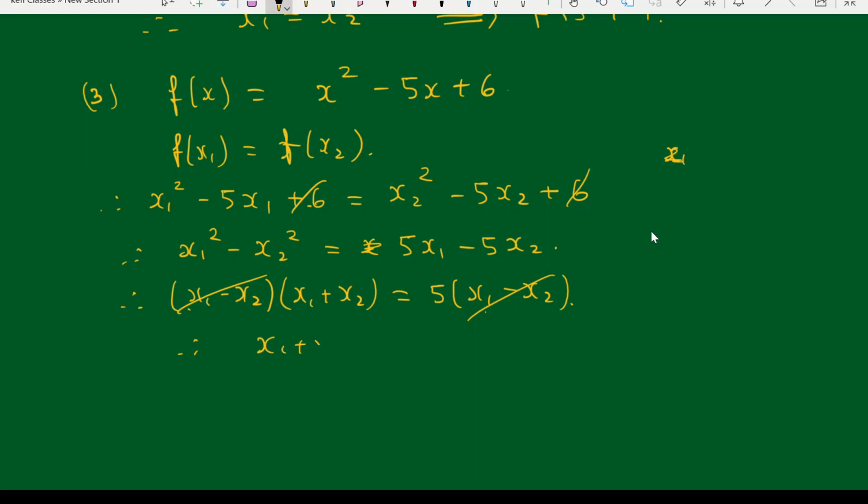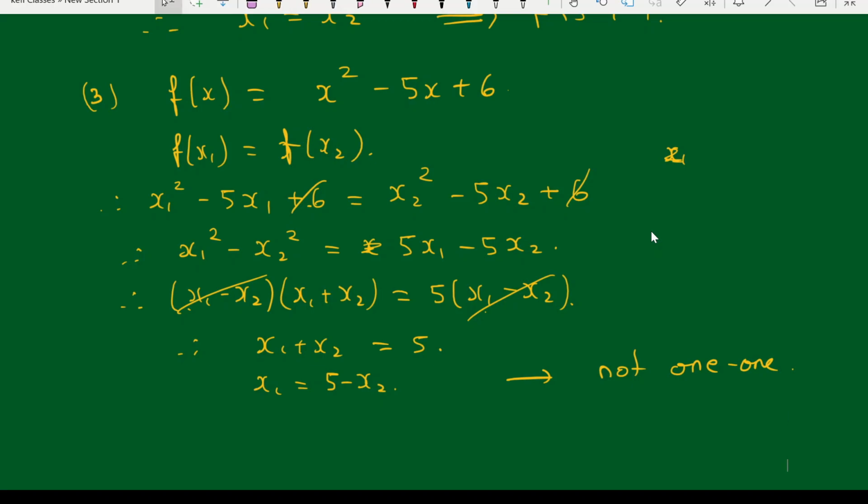And so x1 plus x2 is equal to 5. So what we are getting is x1 is equal to 5 minus x2. Are we getting the solution x1 is equal to x2? No. So it's not a 1-1 function. Okay, so it's many one.